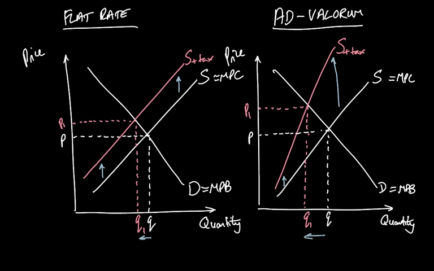So these ad valorem taxes are taxes which are a percentage of the selling price. So two different sorts of tax which the government can use. They will use them ideally depending on the nature of the externality, but that's getting a little bit further ahead than we actually need to. You do, though, need to be aware of the difference between a flat rate and an ad valorem tax, and these two diagrams show the difference.